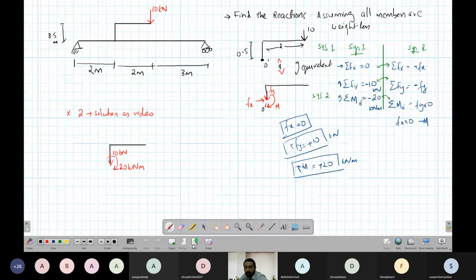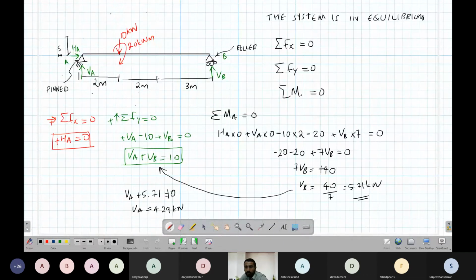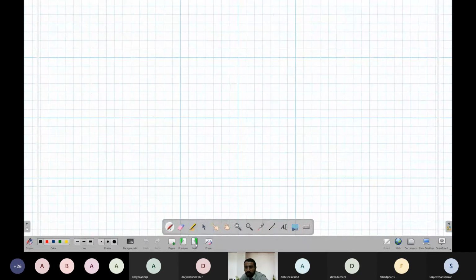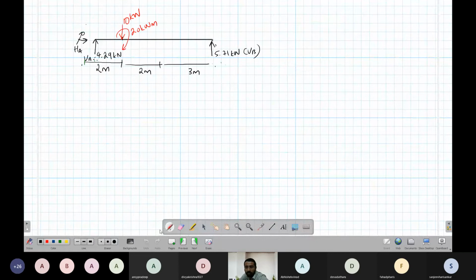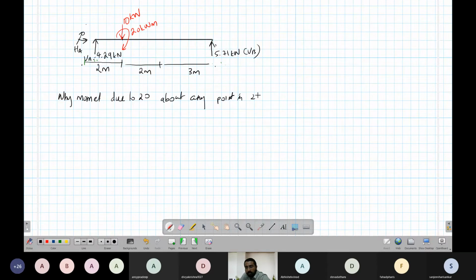Okay, I told you about why the moment about any point is the same. We'll just discuss quickly so that doubts are removed. So why is the moment of 20 about any point 20?